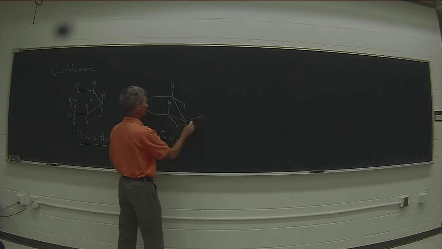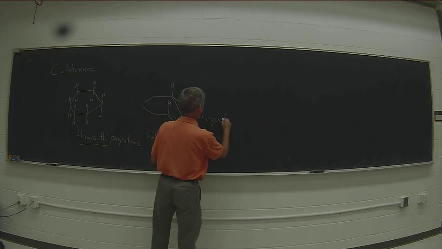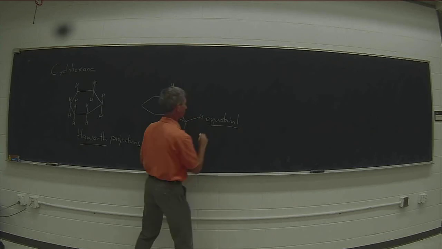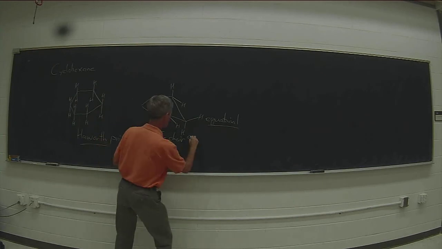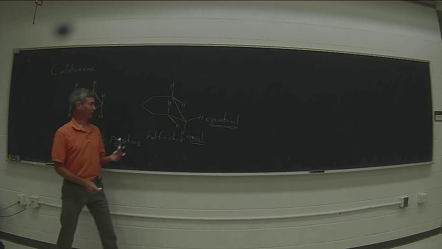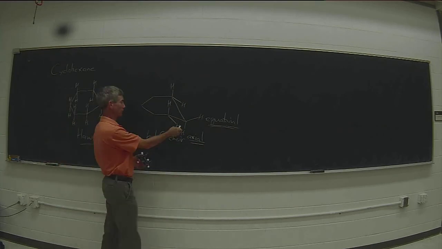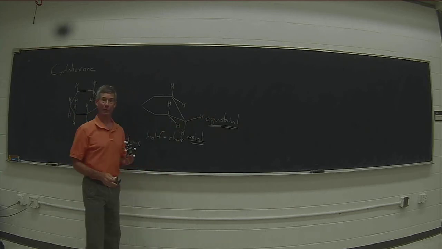This hydrogen is pointing out away from the molecule in what's called the equatorial position, and this hydrogen is pointing straight down, kind of towards the rest of the molecule, in what's called an axial position. So it's just like pointing towards the poles on the vertical on the globe, or out towards the equator of the globe.